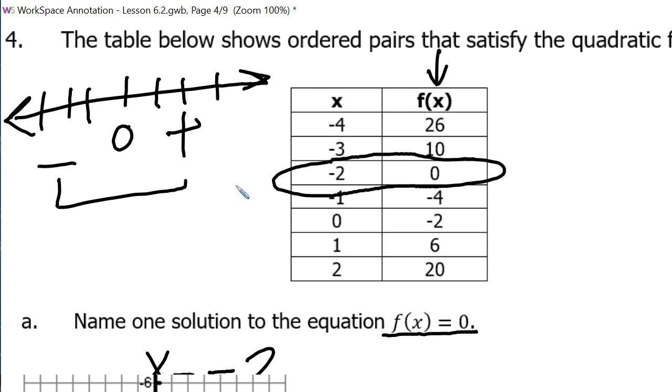So what we need to do is look through the y column and find where we have a positive and negative number back to back. So if you look at 26, 26 is positive, 10 is positive, 0 is neutral, -4, -2, 6 is positive, 20 is positive. So we're looking for a pair back to back where we have a negative followed by a positive.